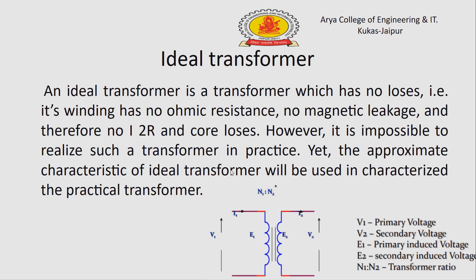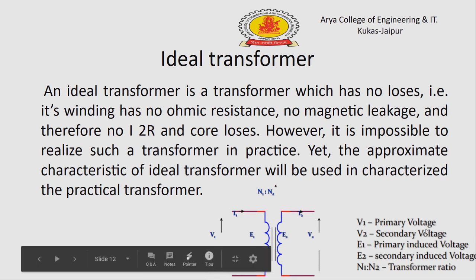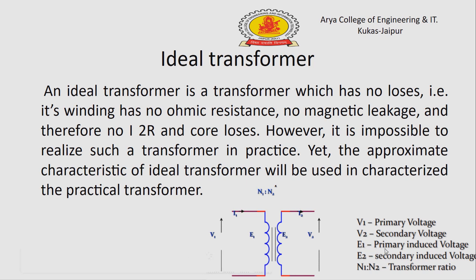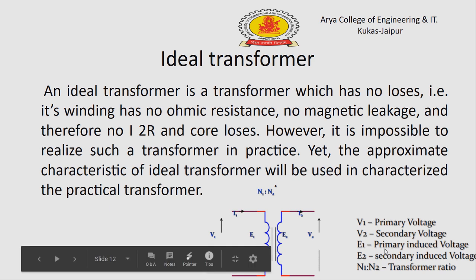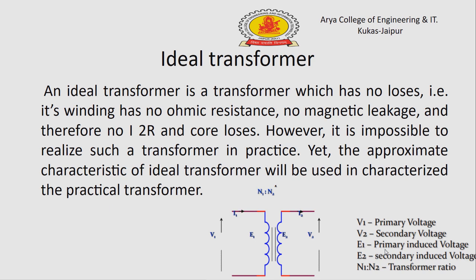Yet the approximate characteristics of an ideal transformer will be used in characterizing practical transformers. That is, V1 is the primary voltage, V2 the secondary voltage, E1 the primary induced voltage, E2 the secondary induced voltage, and the ratio N1 to N2 is the transformer ratio. We can also say that it is the turn ratio.